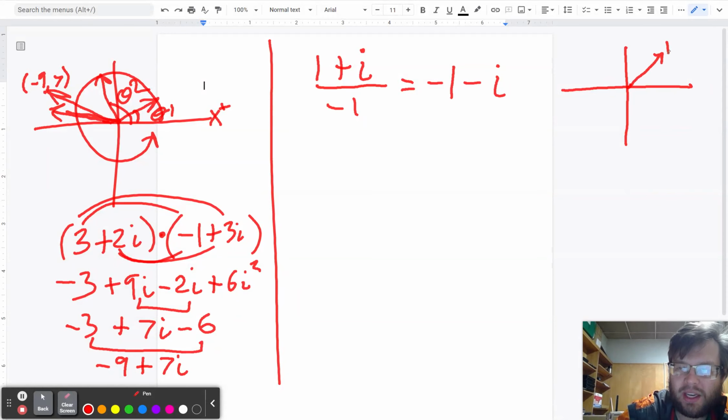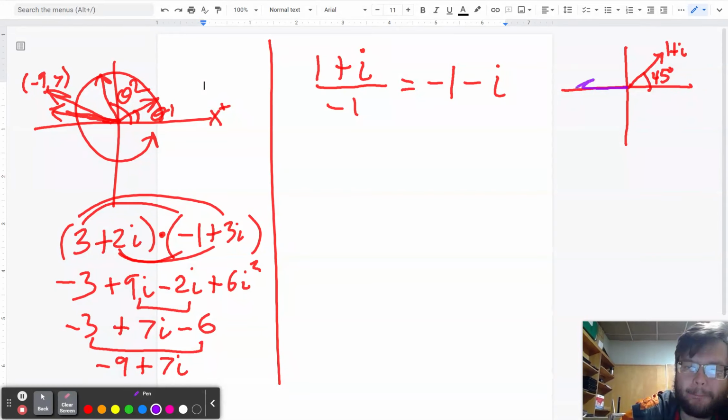Here's 1 plus i. It's got a 45-degree angle. Here's -1. It's got a 180-degree angle because it's pointing due west. Here's our resulting answer, -1 minus i.